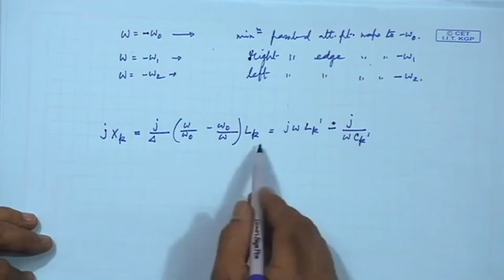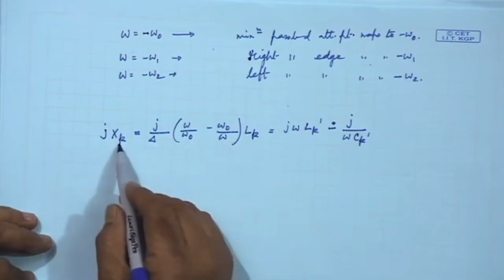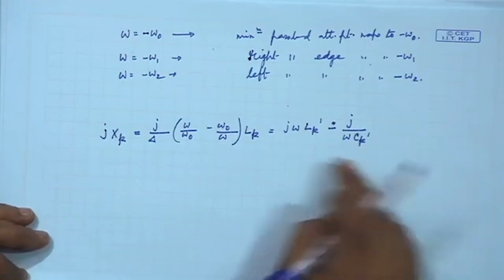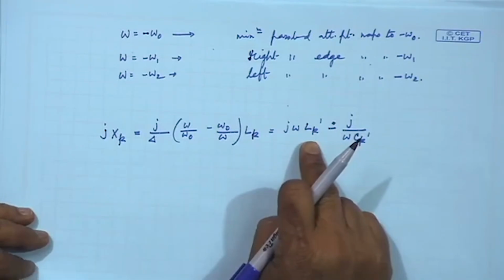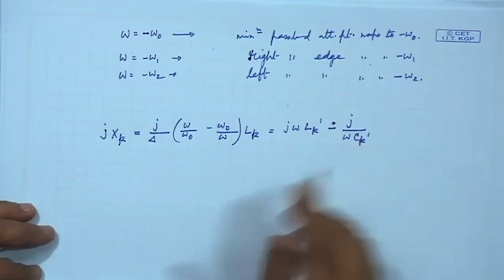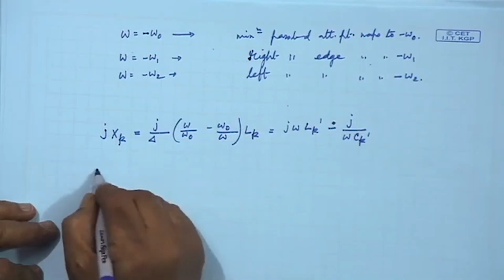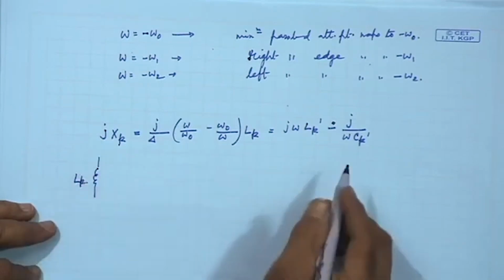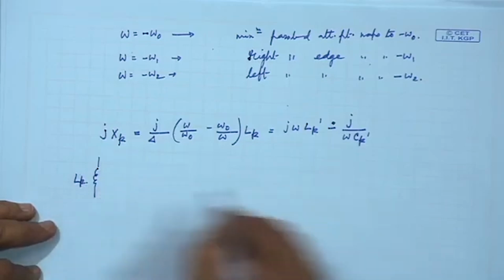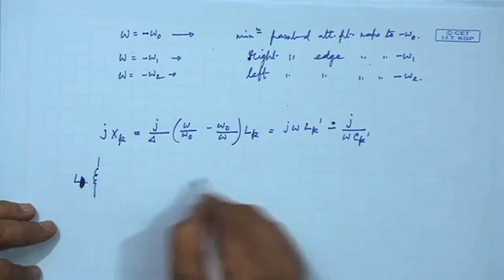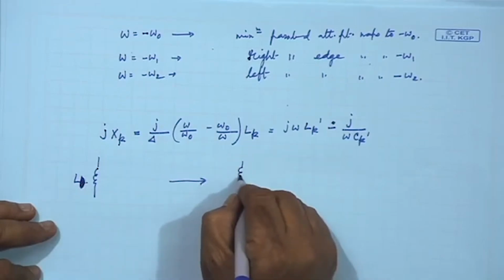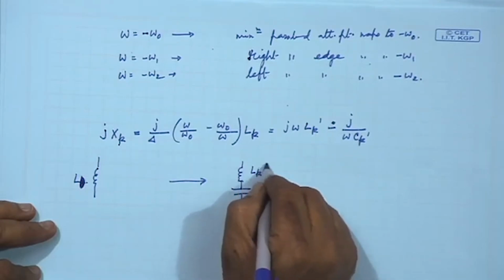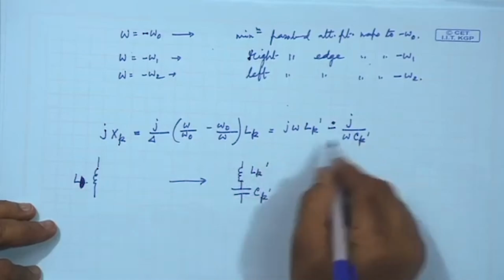So, basically you can see a series inductor becomes a series LC circuit with a new value of inductor and a new value of capacitor. After transformation, the Lk becomes Lk dashed and Ck dashed in series.